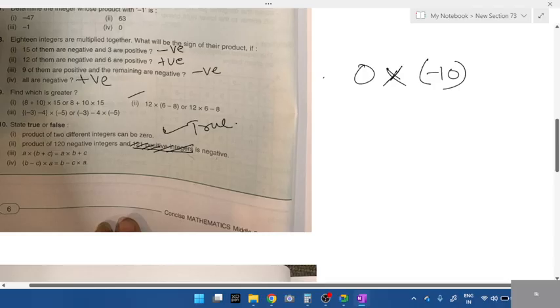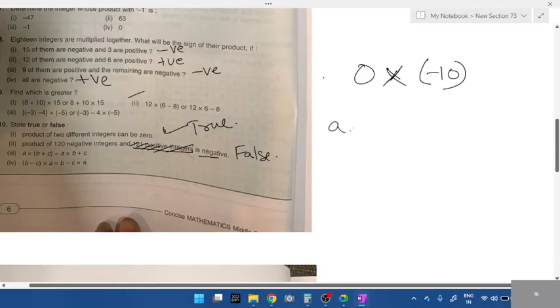The question is the product of 120 negative numbers is negative. Is it true? Both true and false, Alicia? Just false. This is false. So the product of 120 negative numbers is positive, it is not negative.